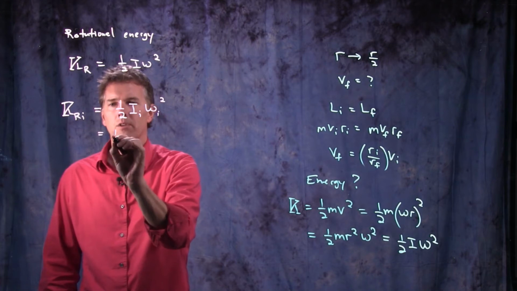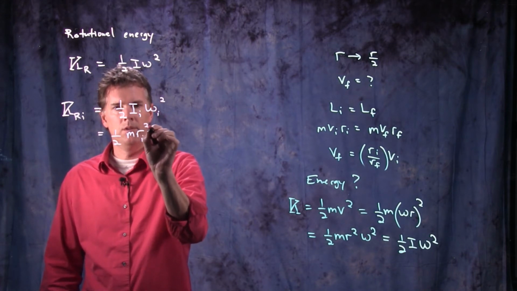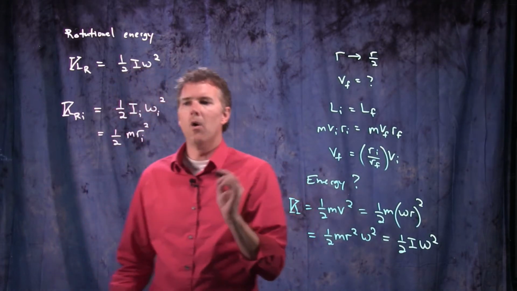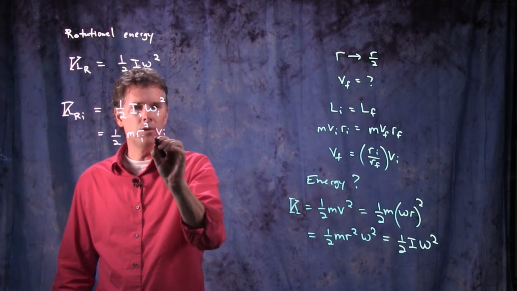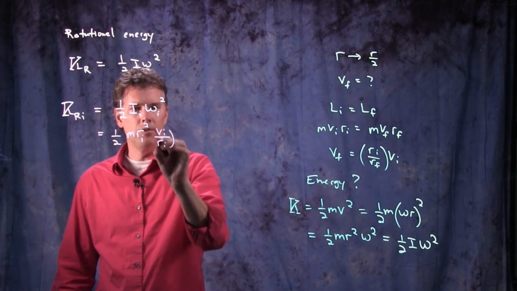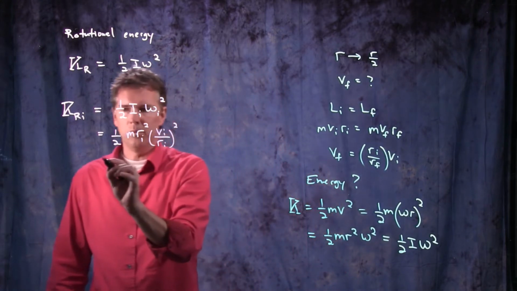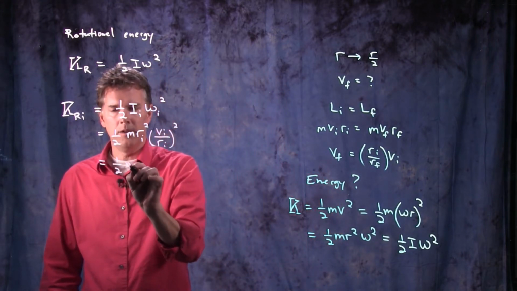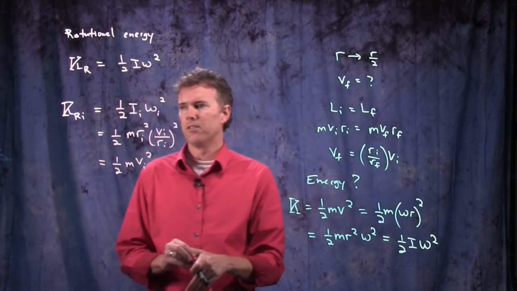But I initial is m r initial squared. Omega initial is v initial divided by r initial, squared. And look what happens. We just get back to our good old kinetic energy, 1/2 m v initial squared. It all sort of makes sense.